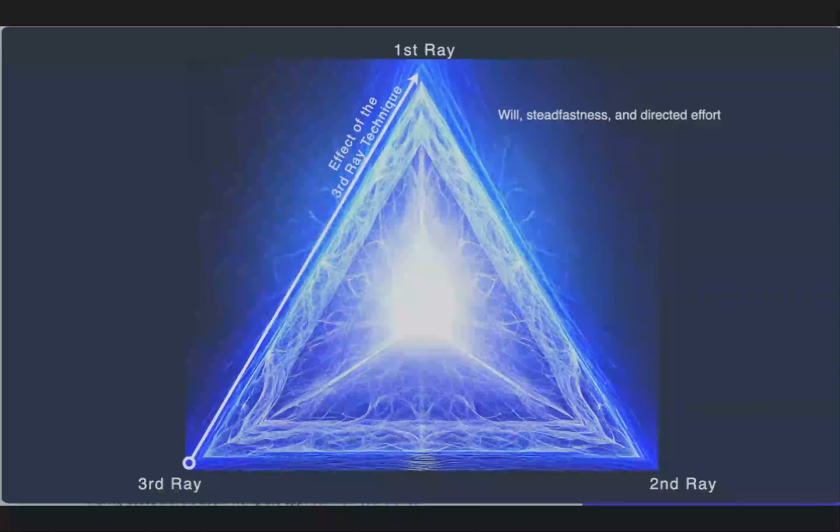And again, it is these first ray qualities of will, steadfastness, and directed effort that traditionally prove so difficult for the third ray type. Thus, through the technique of fusion, that which is most challenging for each ray type is confronted and eventually assimilated.